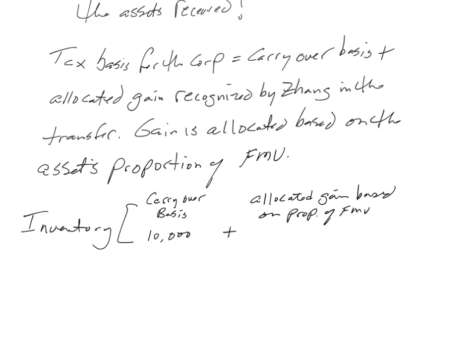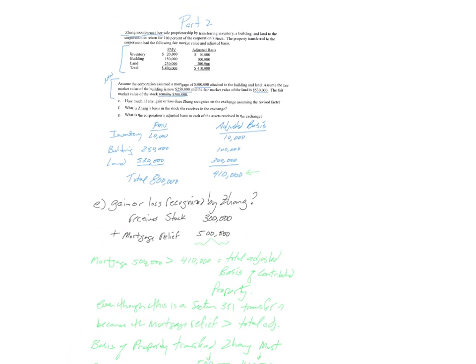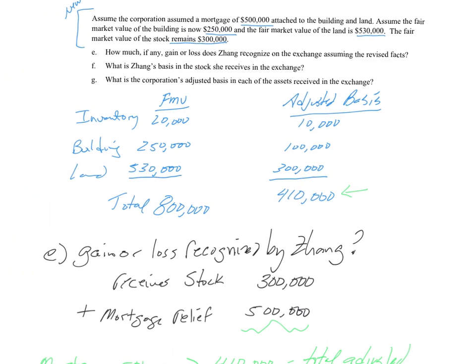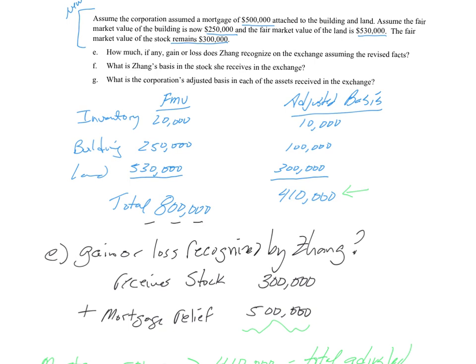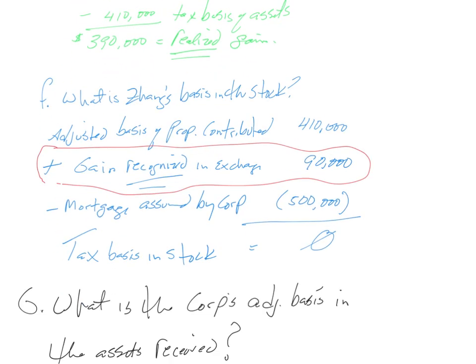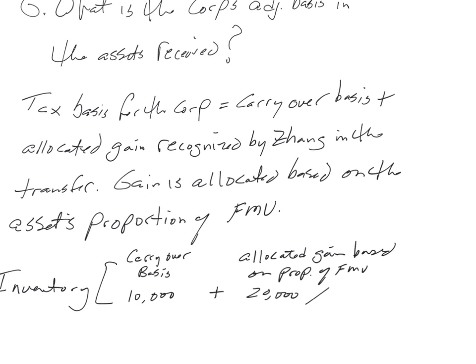All right, so its fair market value, the inventory's fair market value was $20,000. Total fair market value for all of the assets under our new information was $800,000.